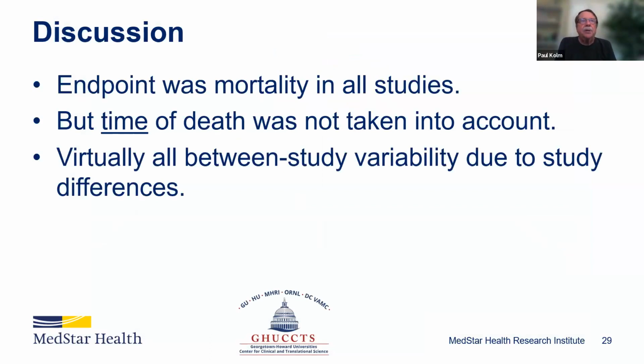And as I mentioned, virtually all the between-study variability was due to differences in the studies. So it would probably not be wise to conclude that there was an important difference between teaching and non-teaching hospitals with respect to mortality because of some of these issues.